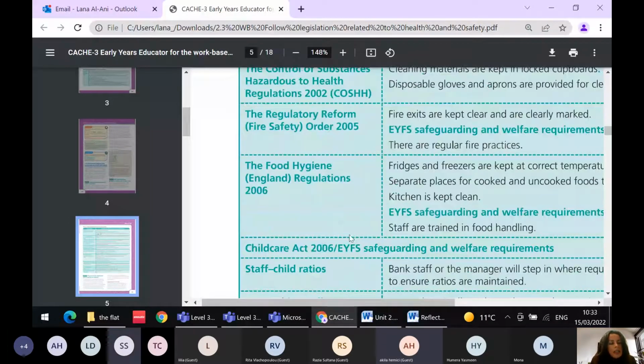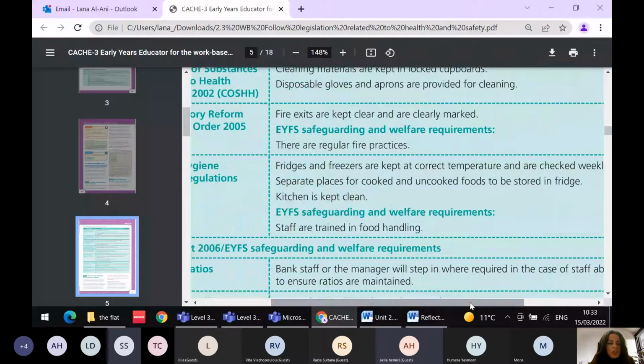How about the Regulatory Reform Fire Safety Order 2005? How did this change the work in the nursery? There should be fire exits, and these fire exits are always kept clear. We shouldn't put boxes to block this area, because we might need them for an emergency, so it should always be clear, following the EYFS safeguarding and welfare requirements.